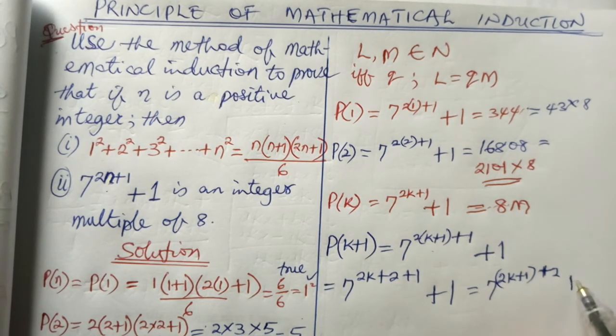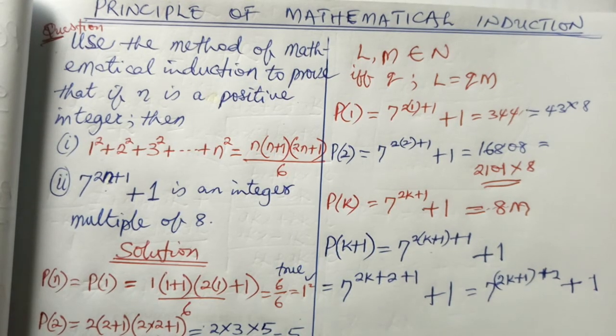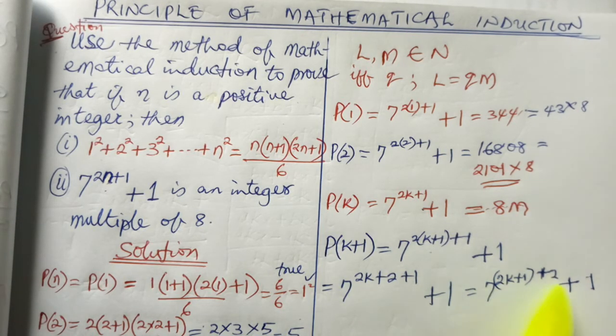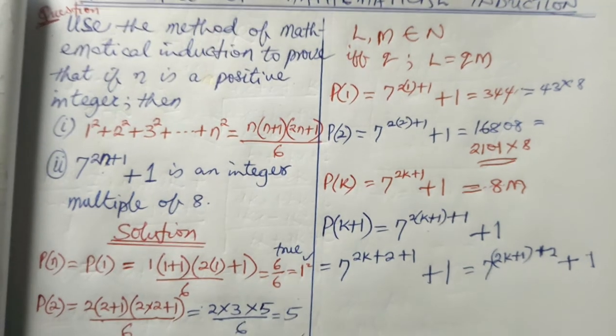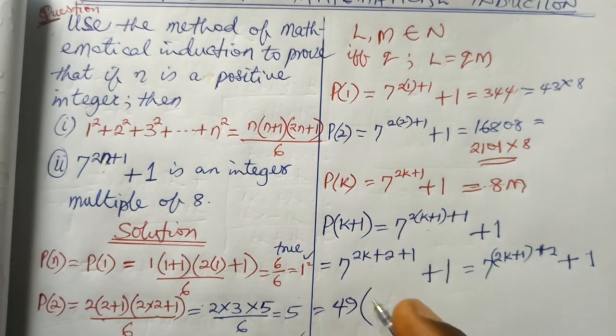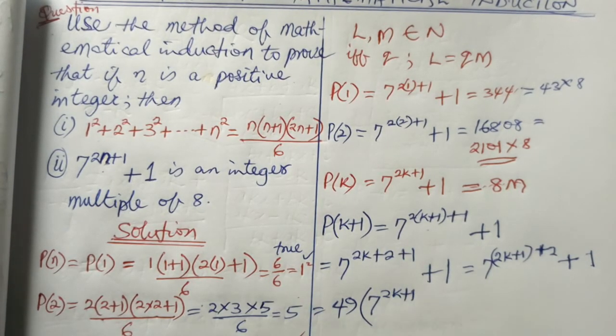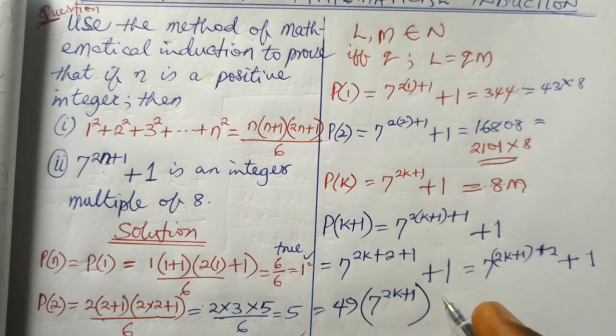So if we now substitute this here, by the multiplication law of indices, 7 raised to power 2 is 7 times 7, that's 49. We have 49 into 7 raised to power 2k plus 1, plus 1.